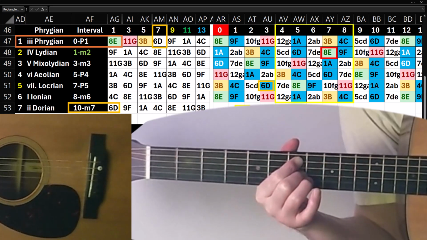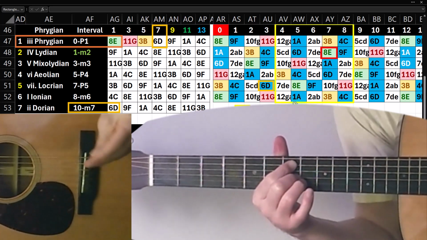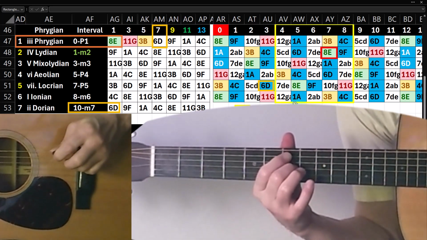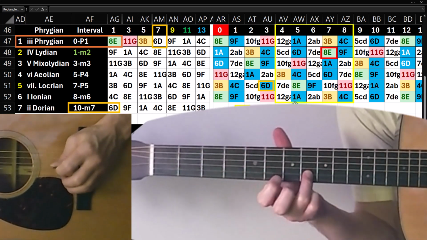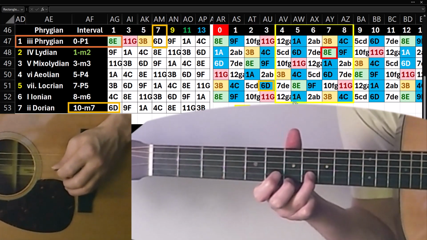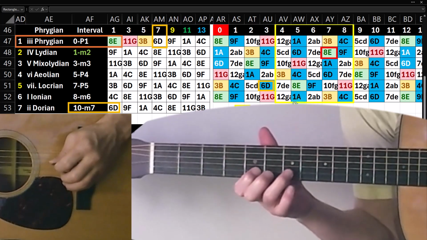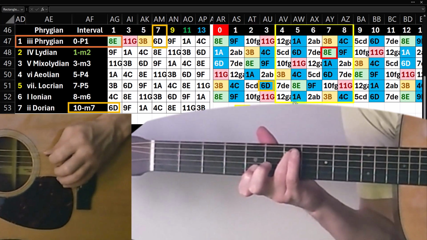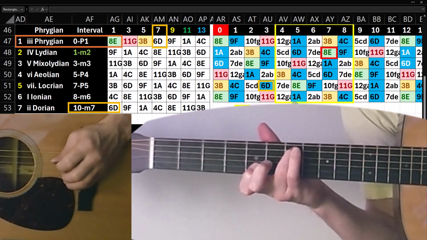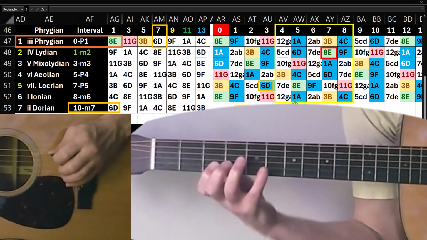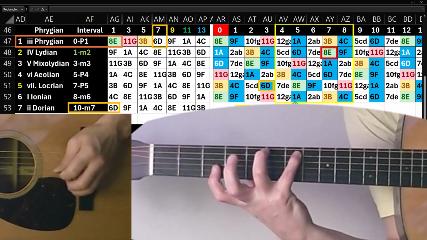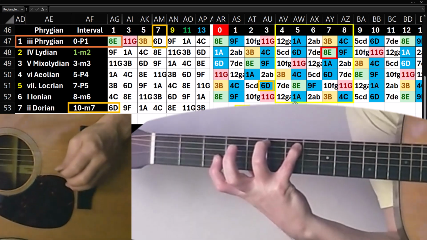So there it is. Let me count it up this way. From here, 5, 10, 15, 15 minus 12 is 3, 2, 1, 0. So there's the octave. Or 12, 12, 11, 10. Boom. So is that right? Yeah.